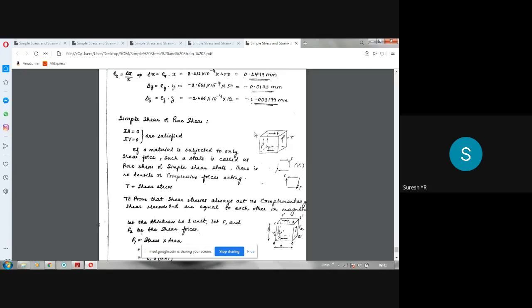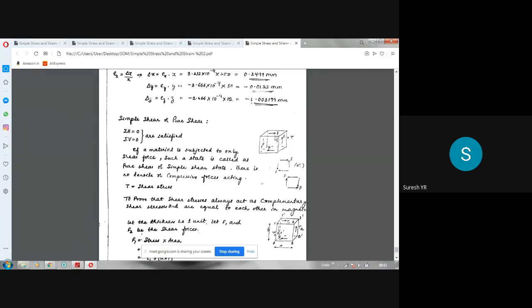Similarly, to keep the block in equilibrium, I have to take another two shear forces, one acting like this, another acting like this. That means in the left and right faces, they are also equal, parallel, but opposite in direction. These two shear forces will create an anti-clockwise couple.